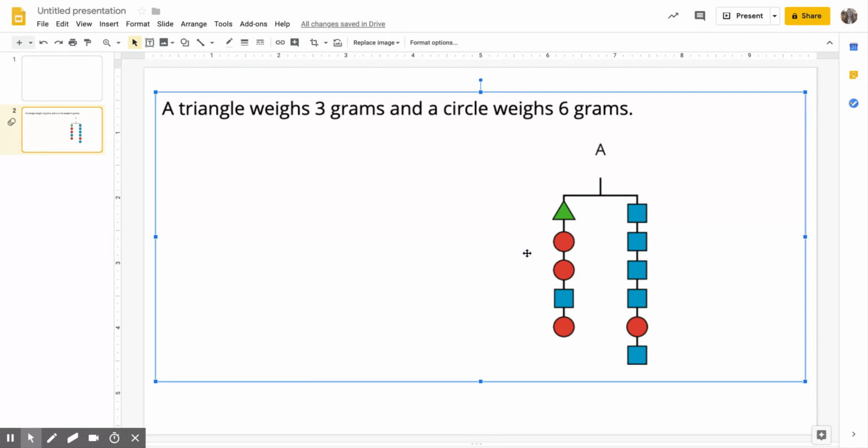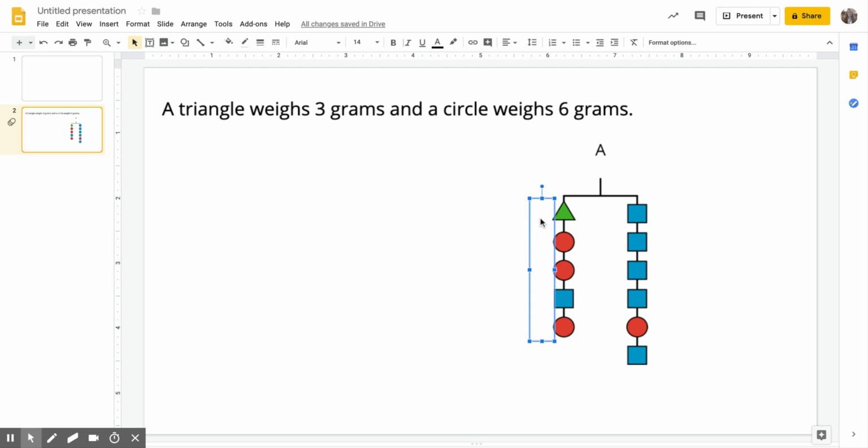All right, so let's talk about what we know. We know that a triangle is 3 grams, a circle is 6 grams. We don't know what a square is, so let's use a variable to represent the square. And we have one more circle here, which we know is 6 grams.